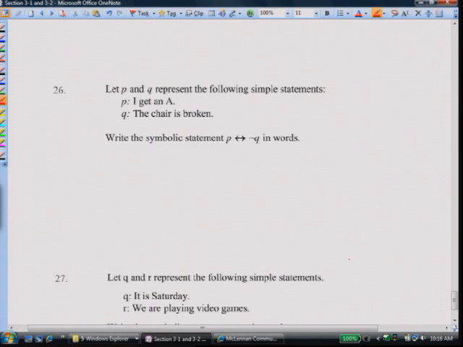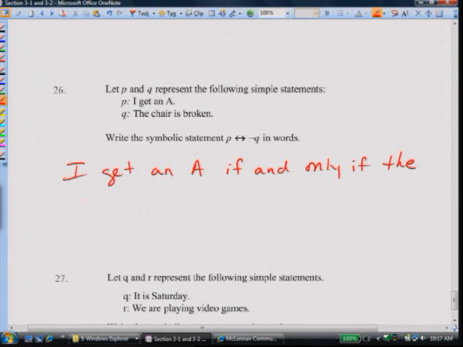Write the symbolic statement P if and only if not Q. So, P, which is I get an A, if and only if, careful, the chair is, yeah, because it must be woodshop class, if and only if the chair is not broken.